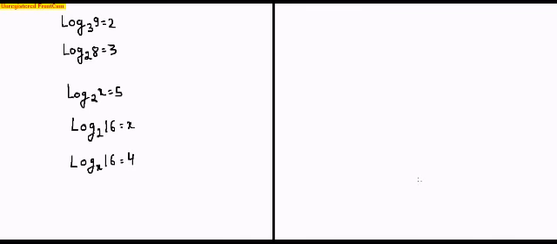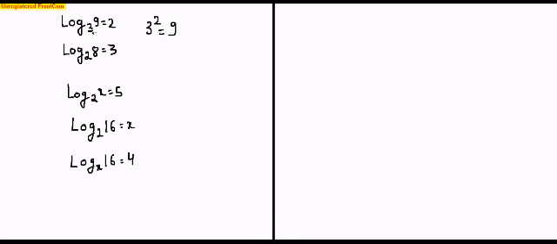So now for understanding logs, let's look at the following expressions. Log base 3 of 9 equal to 2, log base 2 of 8 equal to 3. This is nothing but an expression of power. For instance, 3 to the power 2 equal to 9.